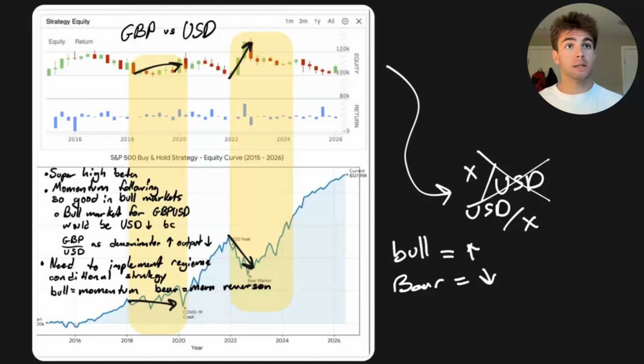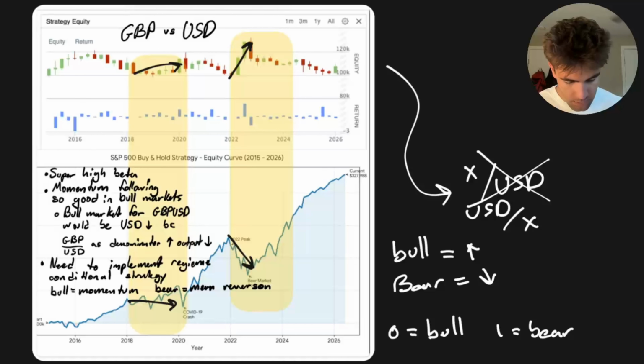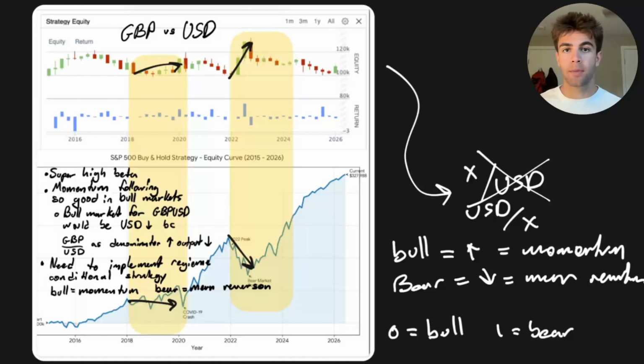And so after seeing this, I want to create a regime-based strategy where there's just a binary flip, just 0 equals bull, 1 equals bear. In a bull market, use momentum strategy. And then in a bear market, use a mean reversion strategy.